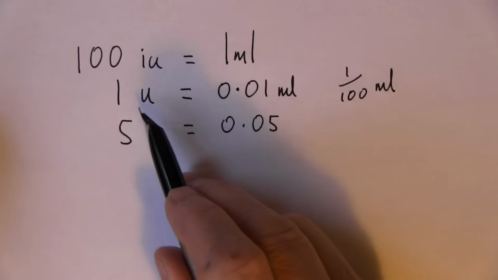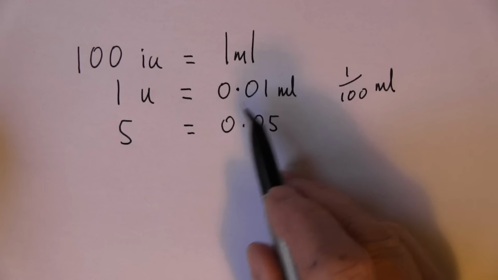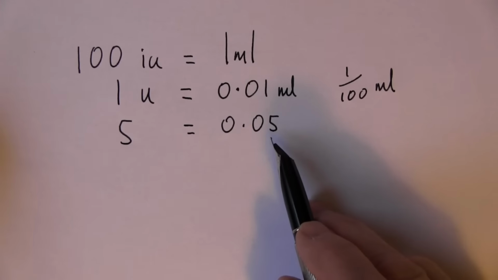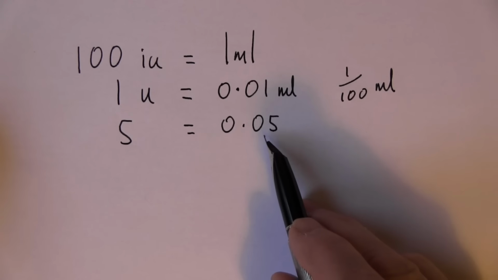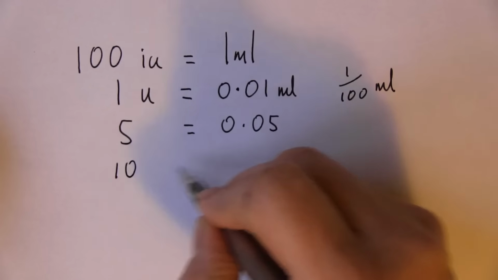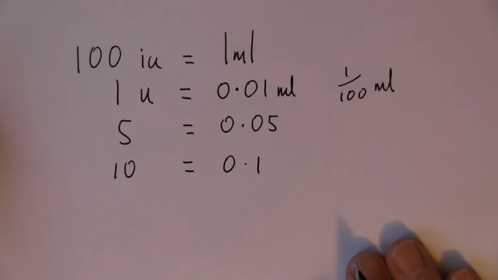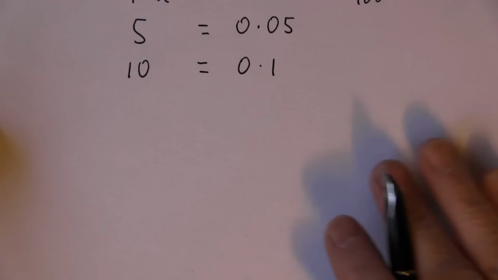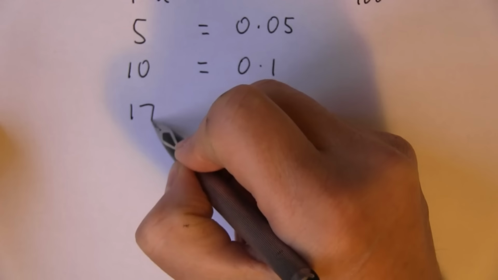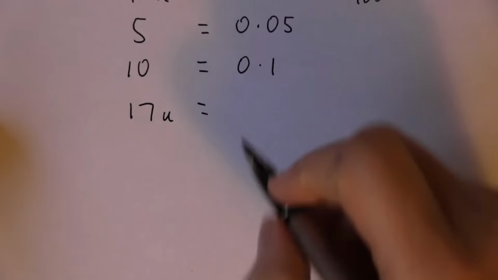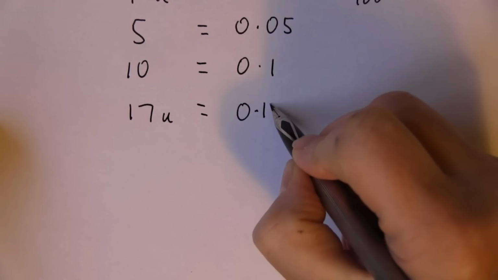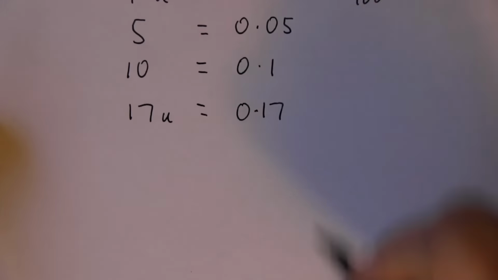So if 1 unit is 0.01, 5 units is going to be 0.05. That's a half of a tenth of a mil. So 10 units is going to equal 0.1. That is a tenth of a mil. Whereas for 17 international units, well that's going to equal 0.17 mils.